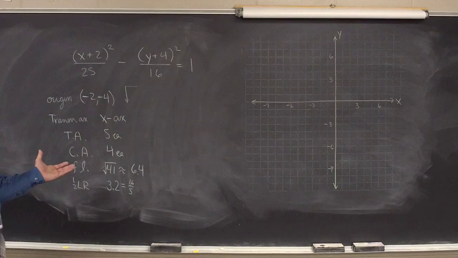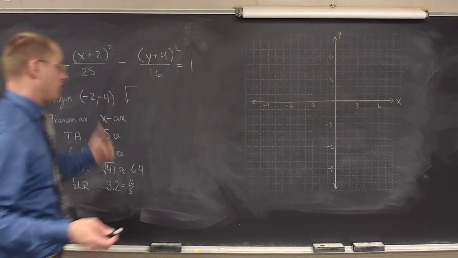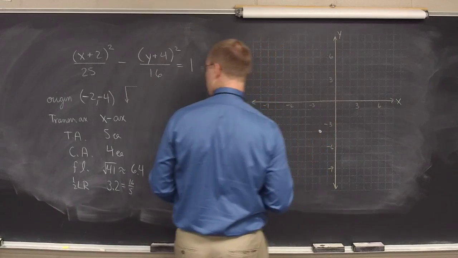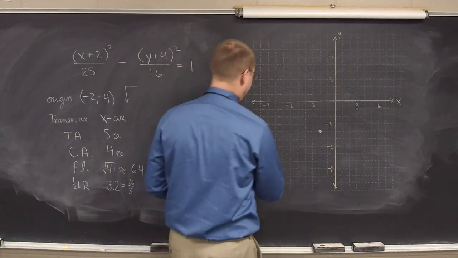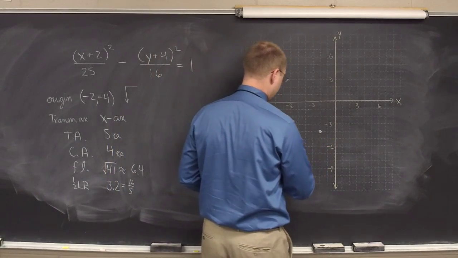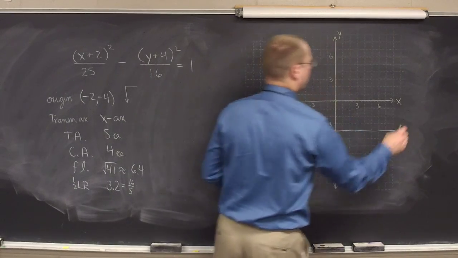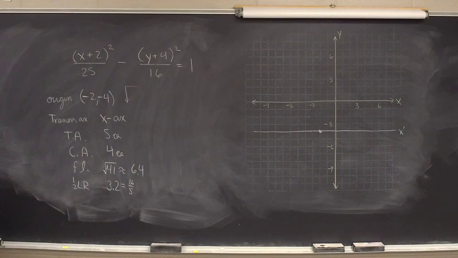As we would do with all of our other conics, we're going to start by plotting the -2, -4 as my translated origin. And since my x-axis is transverse, I'm going to go ahead and draw a new x prime axis.